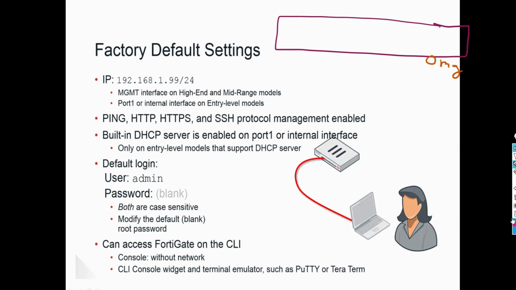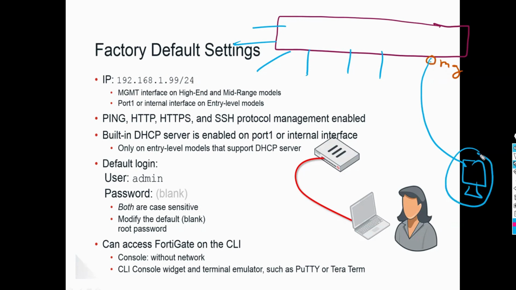Yes, you have data interfaces, no problem. These are data interfaces, so you can connect LAN, WAN, DMZ. But in a high-end or mid-range model, you get a dedicated management port. You can connect your management PC to this management port. By default, we have an IP address on the MGMT port. If an IP address is not available, you can configure one; I will show you how to configure an IP address on any interface.